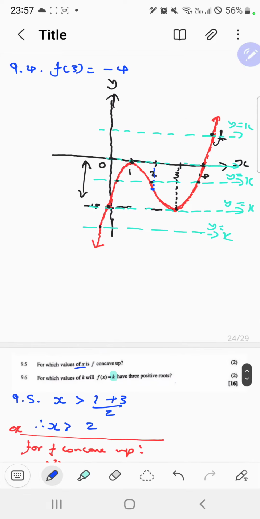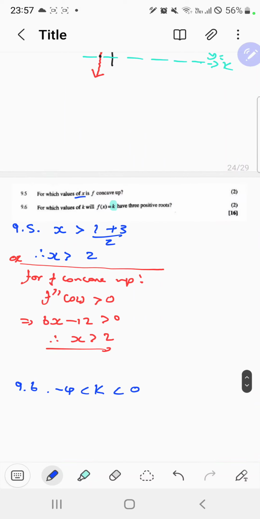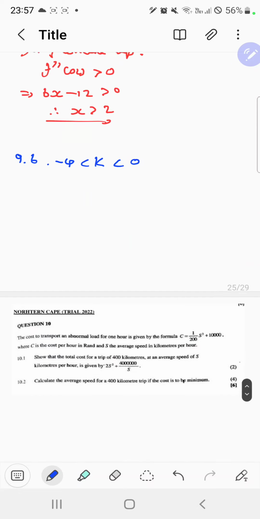Okay, so this is easy. So sometimes you just move this line, you make it mobile until it satisfies what is stated, or you basically move this graph up and down until you get 3 intercepts that are positive on that line. But it will boil down to the same explanation. Alright guys, this is cool, easy 16 marks.